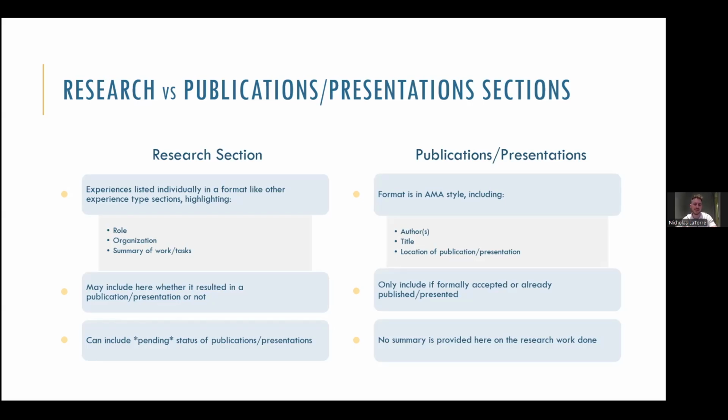Including it on the CV is not as much of a concern, I think, as it might be for the residency application. I think program directors are really looking to see what's actually accepted or already published or presented as that accomplishment. It's not like you haven't accomplished something by submitting something, but maybe we include that under the research experience as pending. And again, another benefit of having that experience listed there.